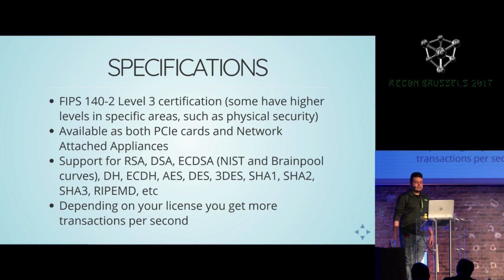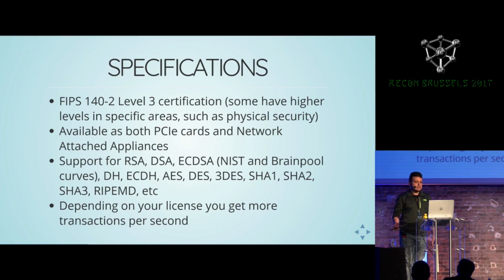It has support for many algorithms. It comes in both a PCI Express card and a network HSM. Depending on the license, you can get more transactions per second. Well, this license check is a simple check inside the firmware, and you can change it at any time. But you won't have a FIPS validated firmware.